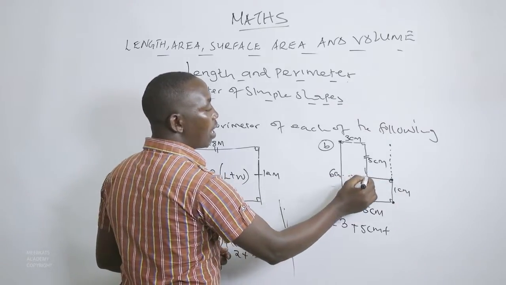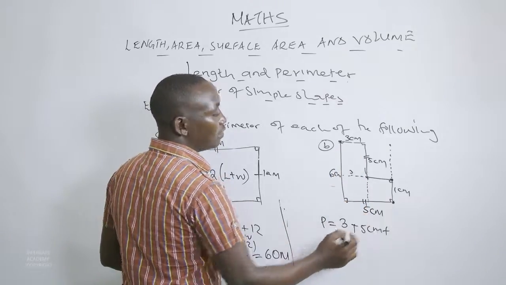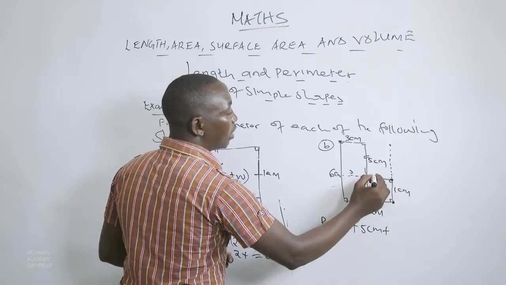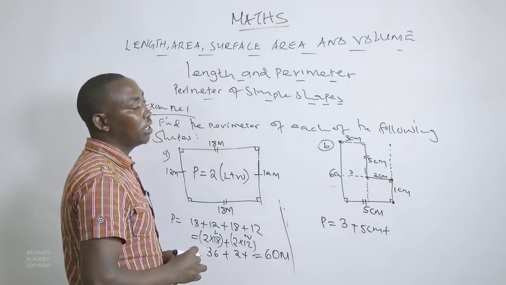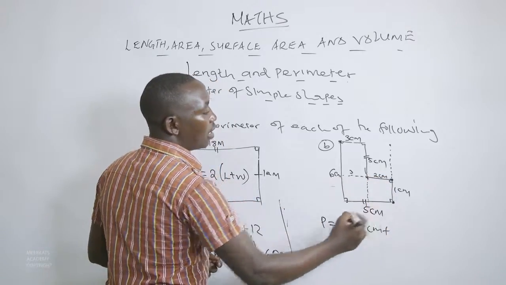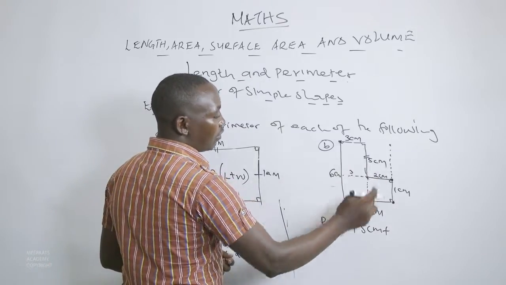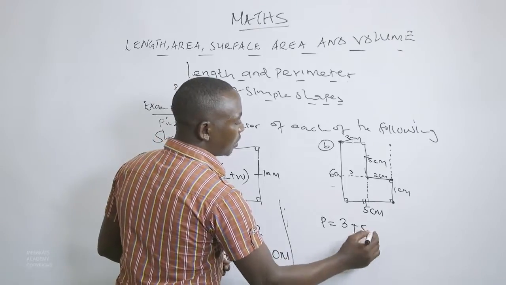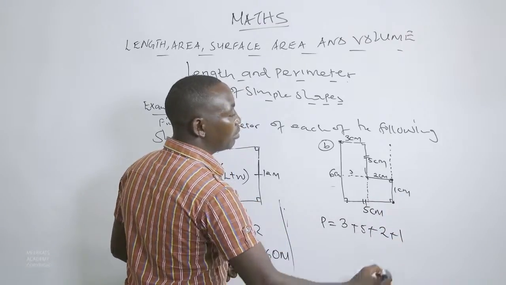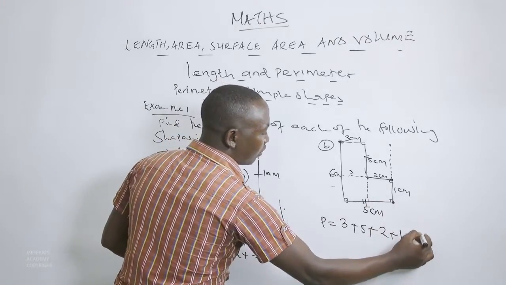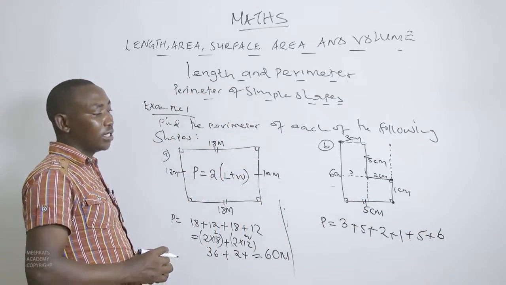Given that from here up to there is already 3 centimeters, and from here up is 5 centimeters, the remaining should be 2 centimeters to complete this to be equal to the one down there, which is 5 centimeters. So we add this 5 centimeters plus the 2 centimeters plus 1 centimeter plus 5 centimeters. Then we go back by adding 6 centimeters.